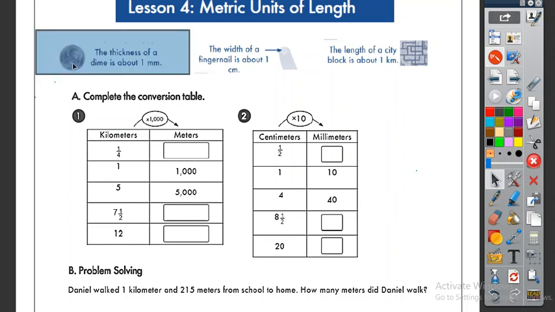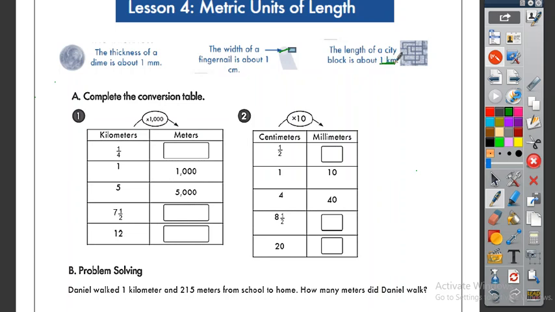The width of a fingernail is about 1 centimeter. Look at your finger, the fingernail here, the width from here to here is about 1 centimeter. And the length of a city block is about 1 kilometer.